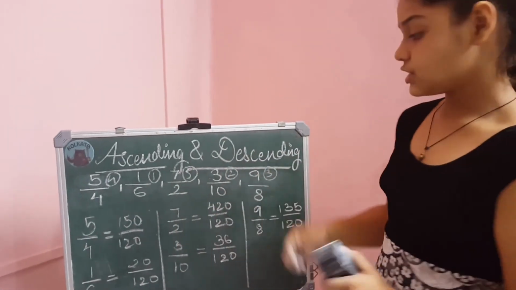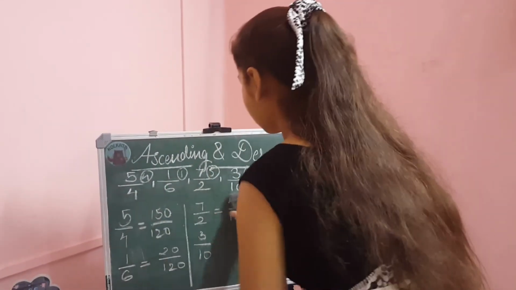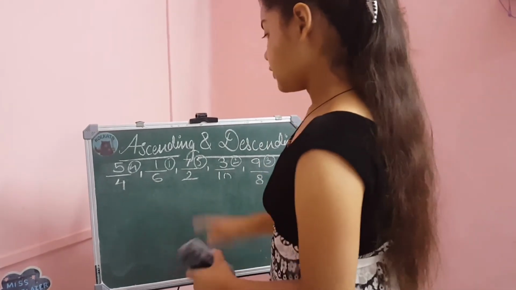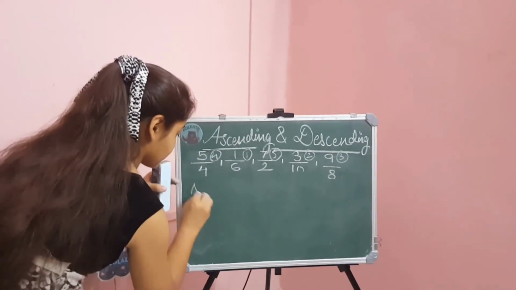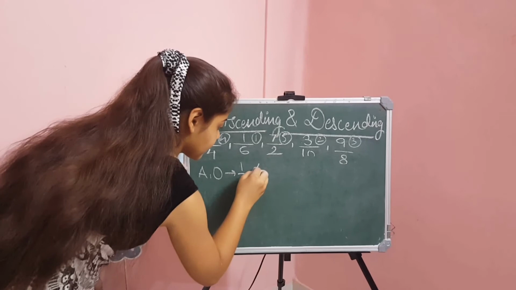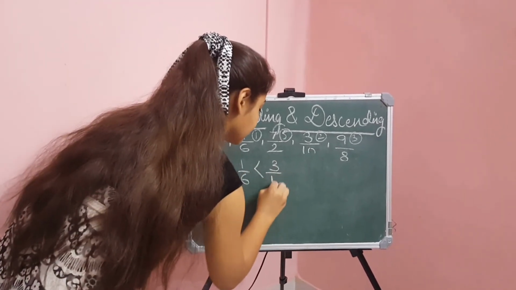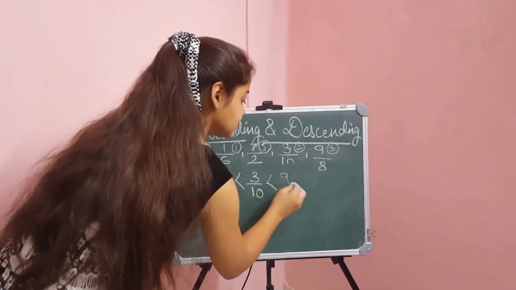Now let us arrange them in ascending and descending order. So first one is 1 by 6. Second one is 3 by 10. Third one is 9 by 8.